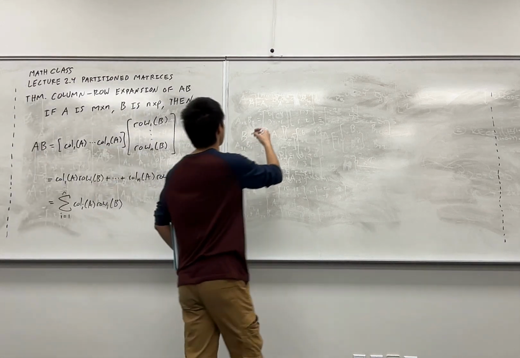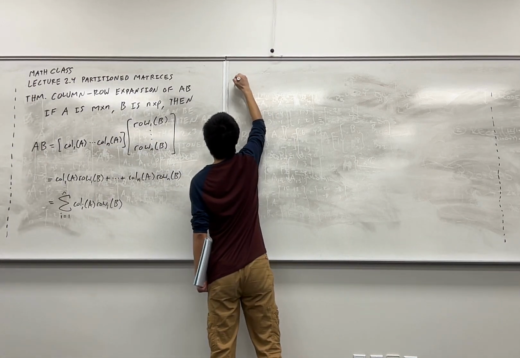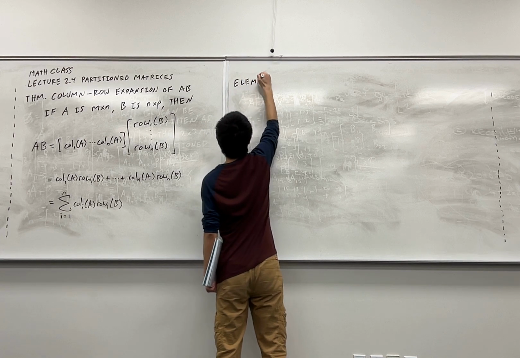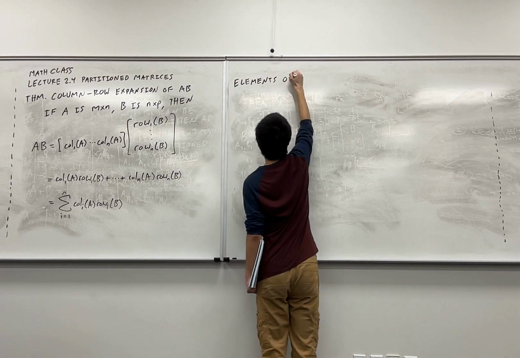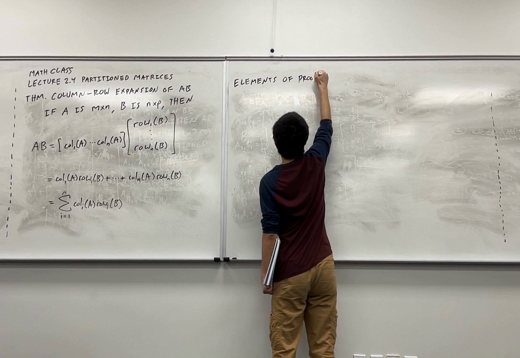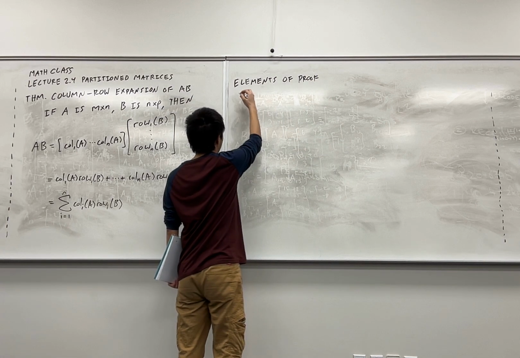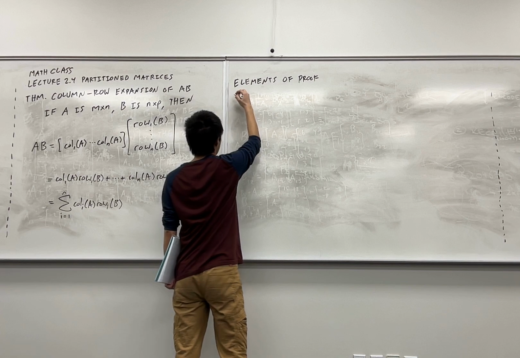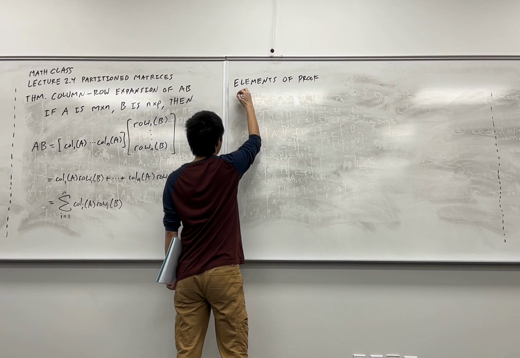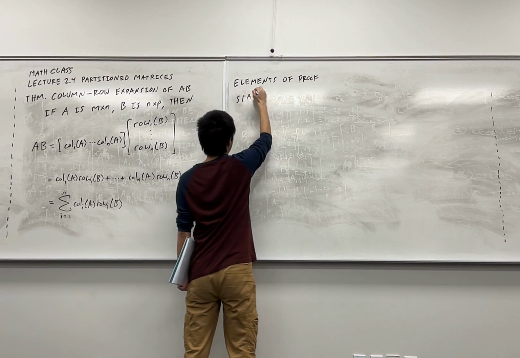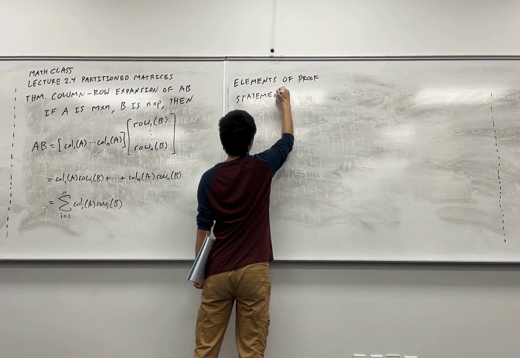Okay, moving forward. So, elements of proof. Best part is you think of this as just a recipe. You will be given the actual thing that you're being asked to prove, some statement or some theorem.